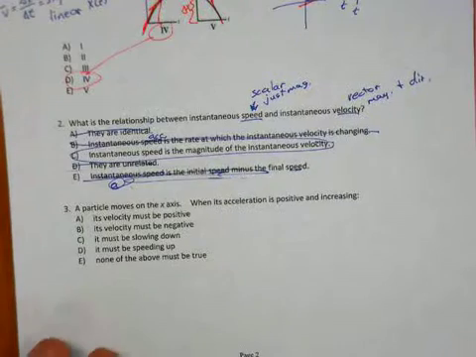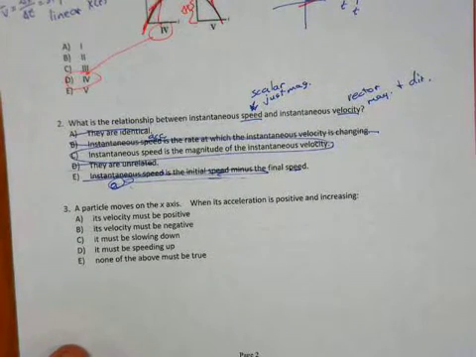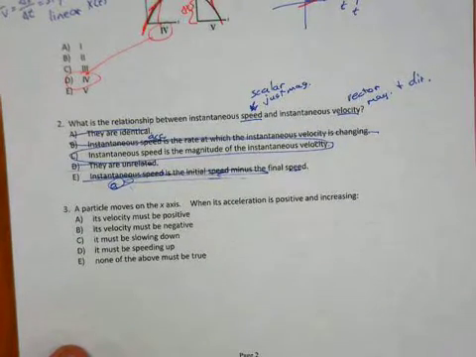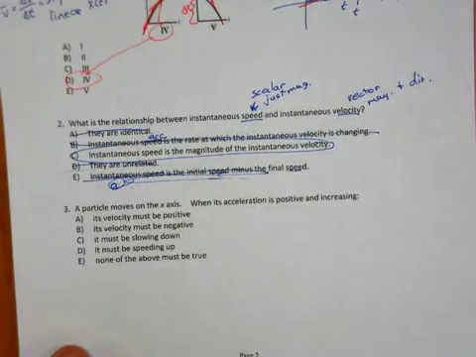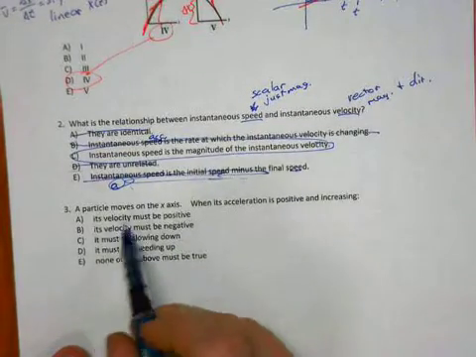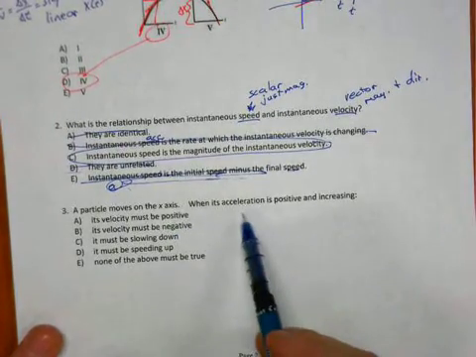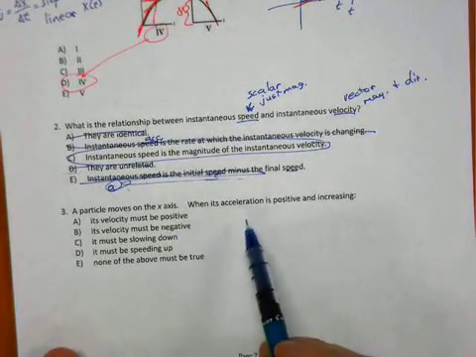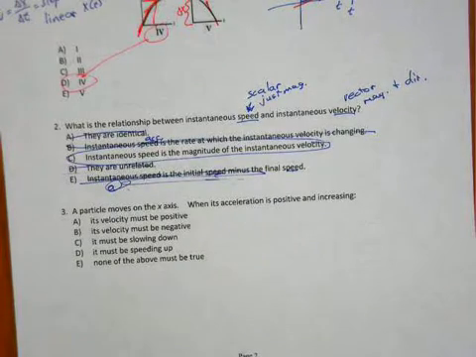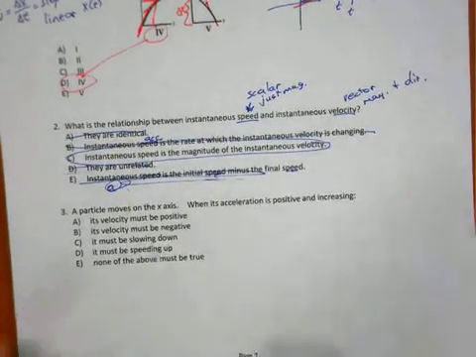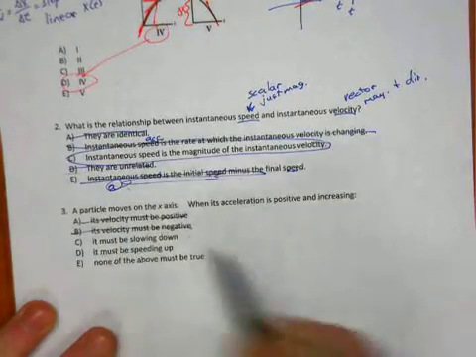All right. A particle moves on the x-axis. When its acceleration is positive and increasing, its velocity must be positive. Well, what would the acceleration have to do with the velocity? The acceleration changes the velocity, but it has no constraint. It does not say because you have a positive acceleration, you have to have a positive velocity, or vice versa. So both of these are out.